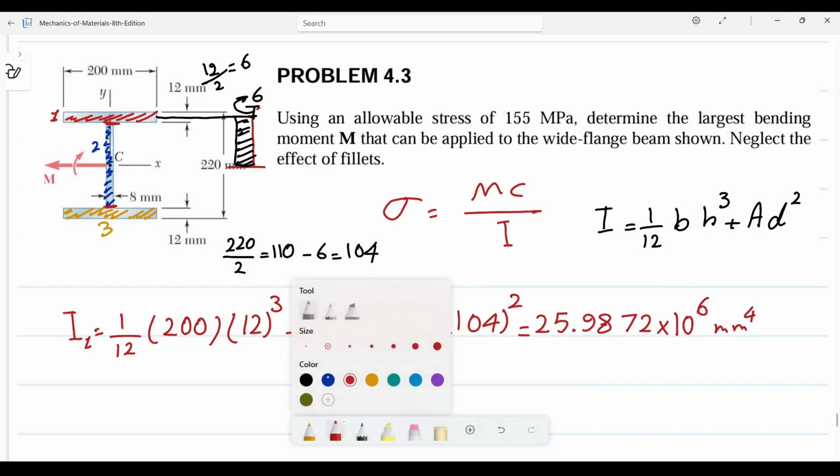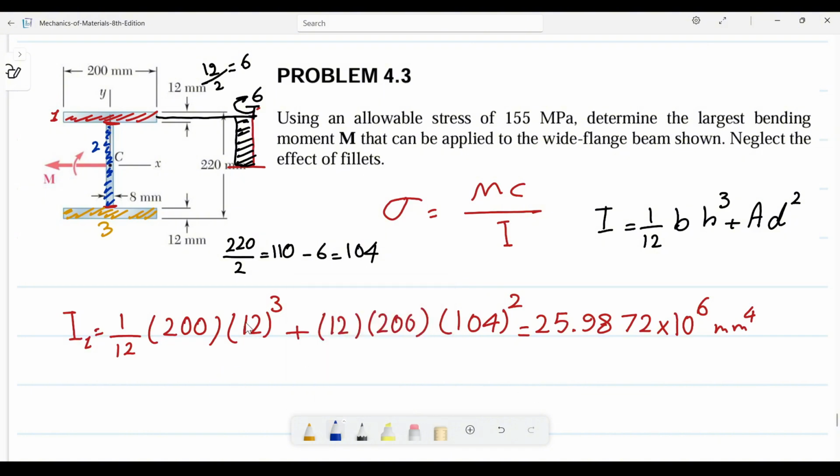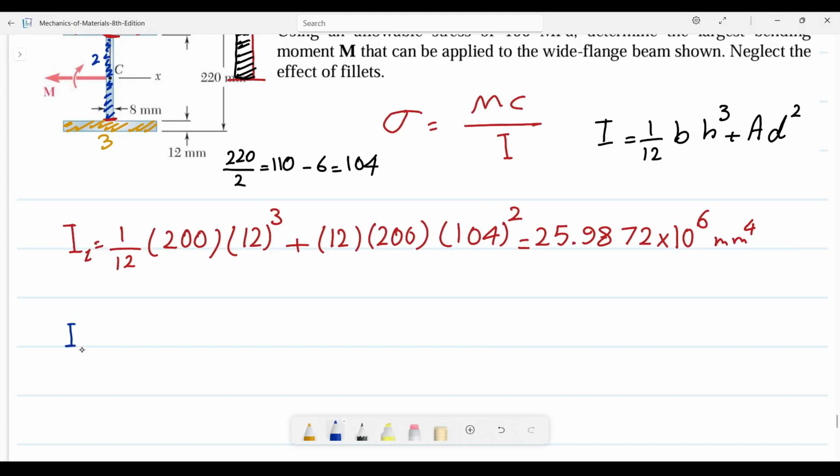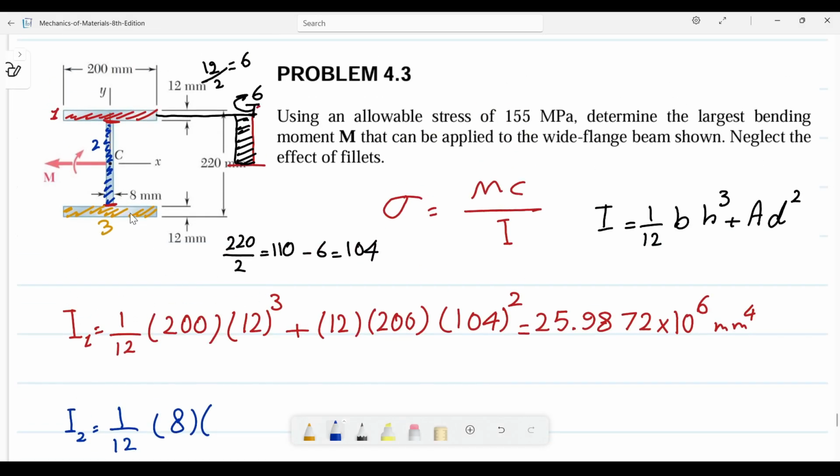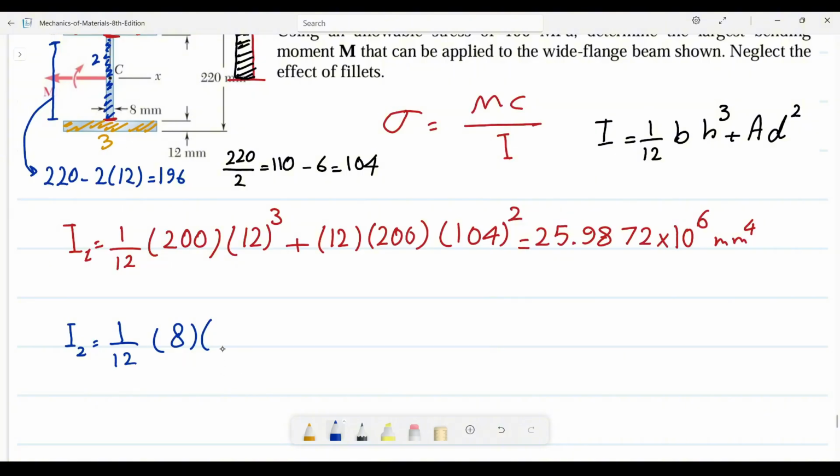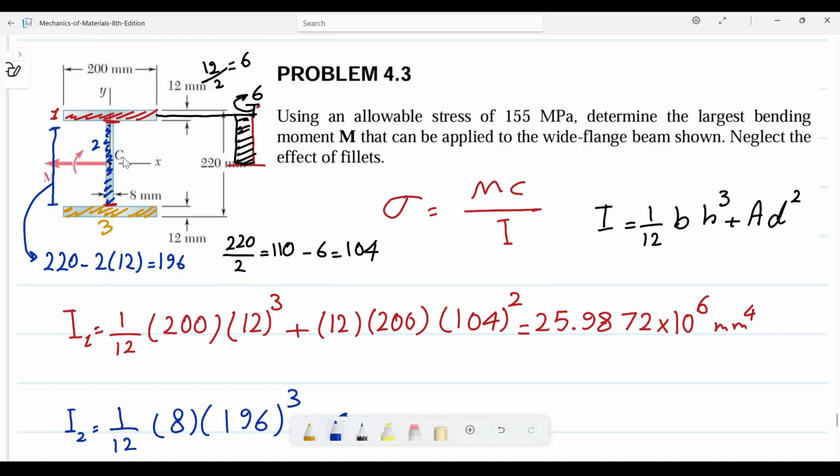Let's go to the next step. It's for I2, which is equal to 1 divided by 12 multiplied by B, which here is 8, and multiplied by H, which here is this part, equal to 220 minus 2 multiplied by 12, which equals 196. 196 to the power of 3 plus 0, because the center of this rectangle is the center of the shape we have.